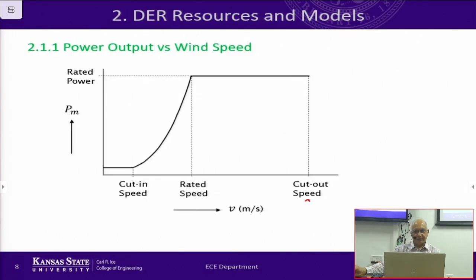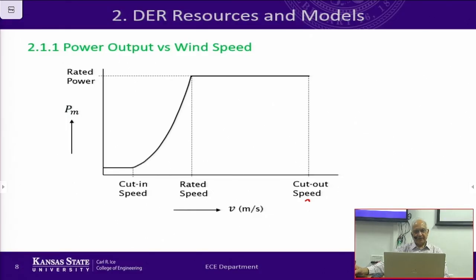And this is a graph that shows the output of the wind generator. Notice that below a certain cut-in speed, it's not going to produce enough power. This graph goes from minimum speed to maximum speed.